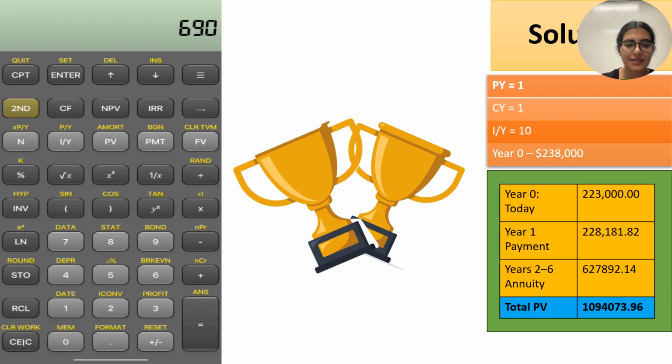Firstly we have to press the second key, and then the TVM key, that is our future value. Here n equal to 1, I/Y equal to 10, future value is 251,000 and payment is 0. And then we click CPT and then present value, because we are finding the present value.